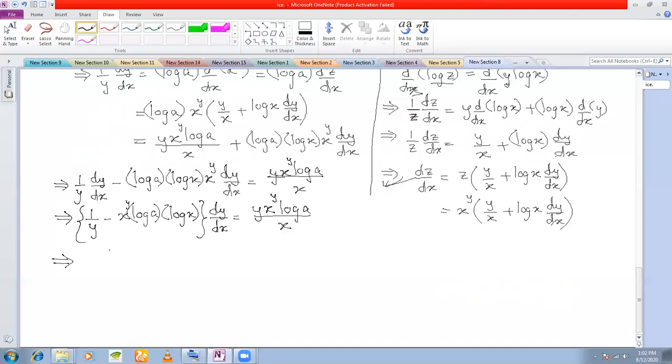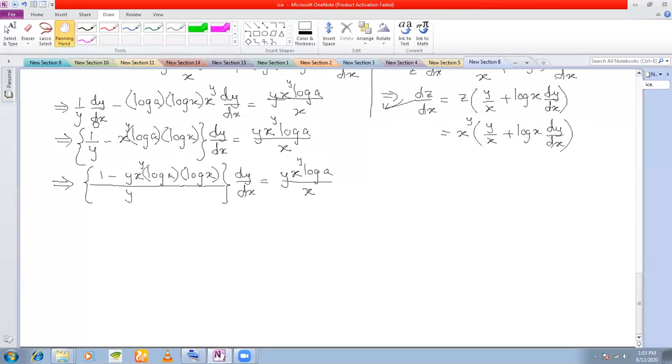That means now I can take the LCM here: y, 1 minus y x to the power of y log A into log x, dy/dx is equal to y x to the power of y log A divided by x.